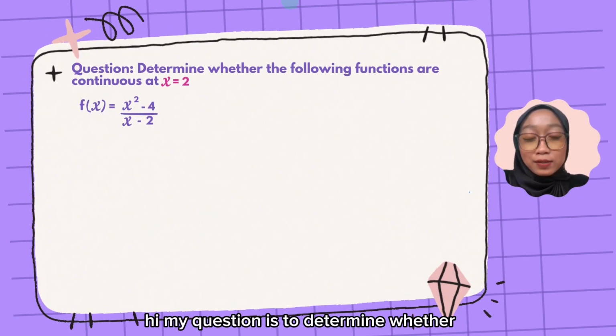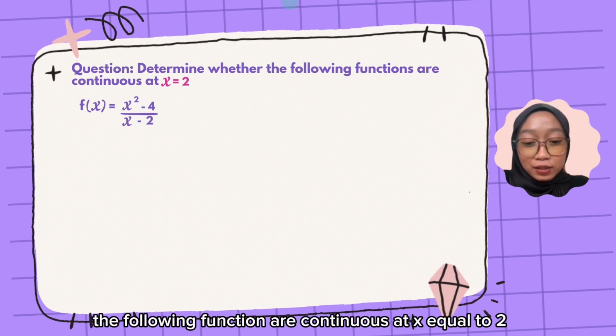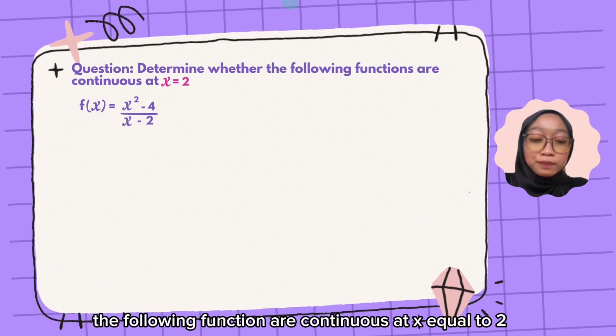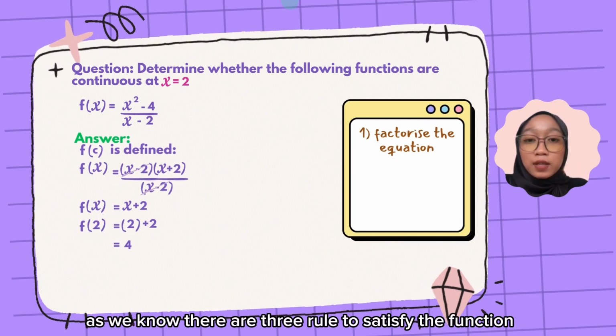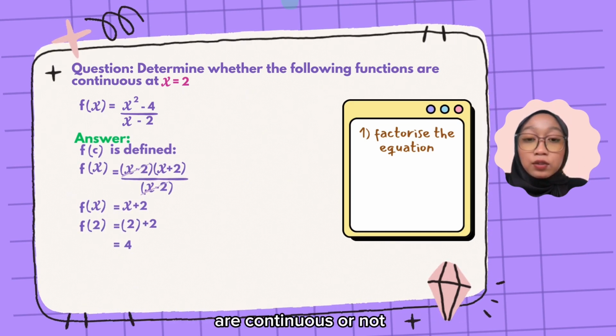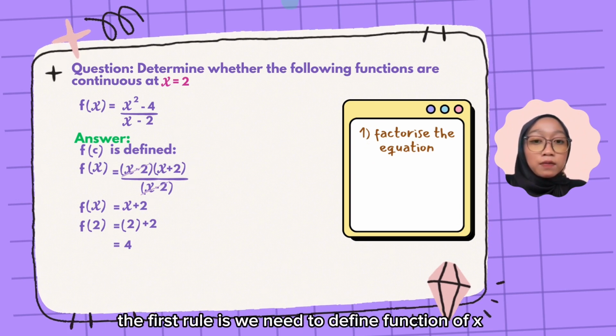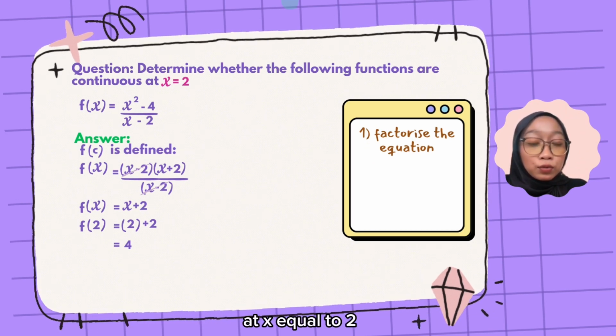Hi, my question is to determine whether the following function is continuous at x equal to 2. As we know, there are 3 rules to satisfy for the function to be continuous. The first rule is that we need f(x) to be defined at x equal to 2.